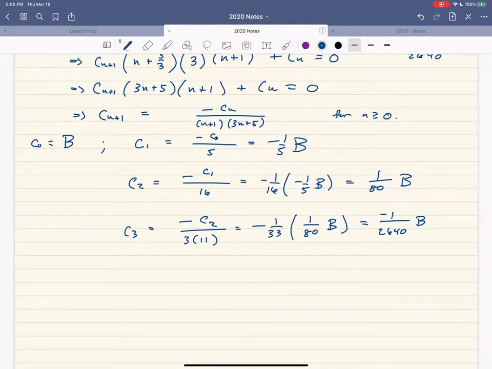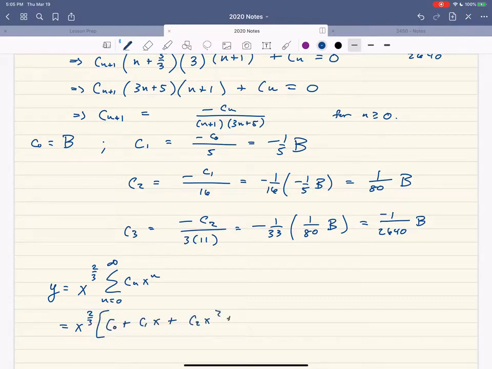But anyways, now that means that our solution, remember that this was all for the indicial value r equals 2/3, is going to be y equals x to the 2/3 times our sum as n goes from 0 to infinity, c sub n x to the n. So that's x to the 2/3 times c0 plus c1x plus c2x squared plus c3x cubed and so on.